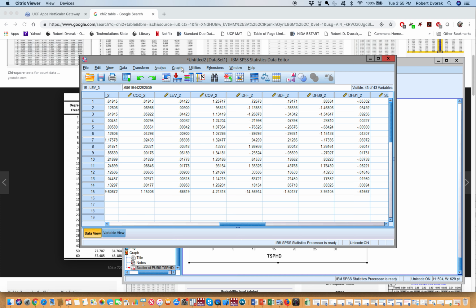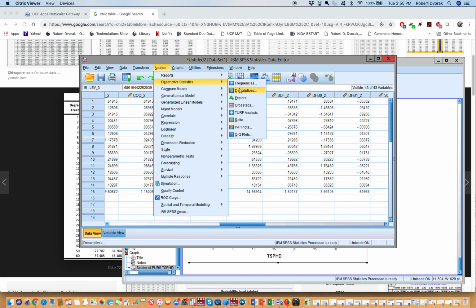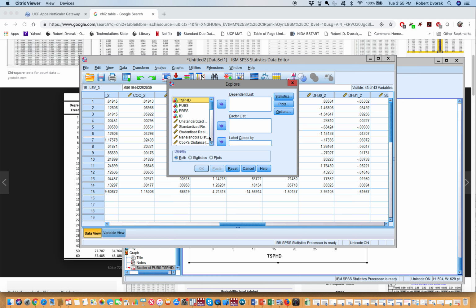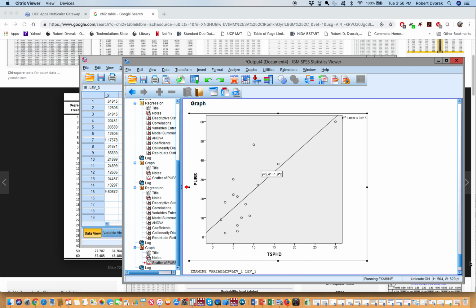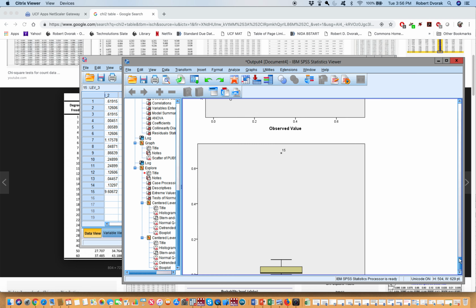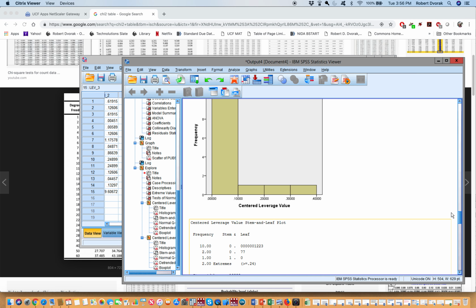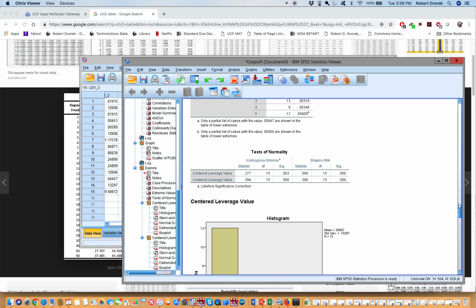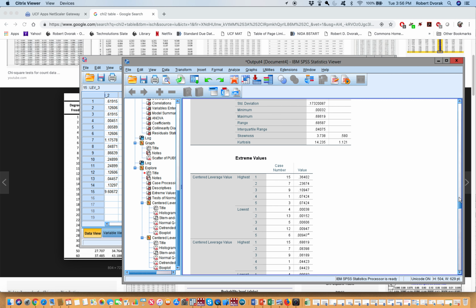A way to look at this is we can go analyze, descriptives, explore, and let's put leverage over here. Let's put both of the leverages that we've done here. So let's start with this leverage value, and then let's get the leverage from the last one that we just did, and we hit OK, and let's have a look.